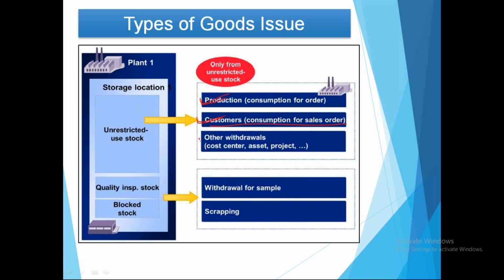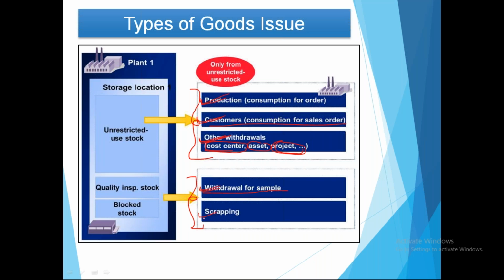And there are some other planned withdrawals, like issuing the material to a cost center, for a particular asset, and for a particular project. All these are called withdrawal. You are issuing the material. These are planned goods issue. Now there are some issues which are unplanned, like withdrawal for sample. You want to test some material, so you will take some sample from the stock.